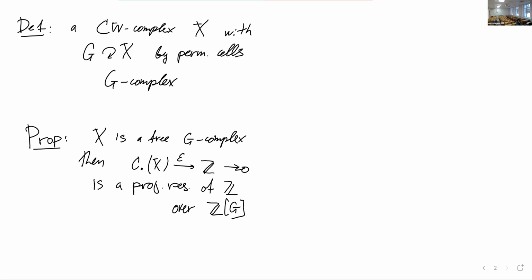I mean, we need X to be contractible, so that the homology of this chain complex would be trivial. Otherwise, we won't get the resolution. That's true. Yes. So we want the resolution to be acyclic. Otherwise, it wouldn't be much of a resolution. Yeah. Okay.